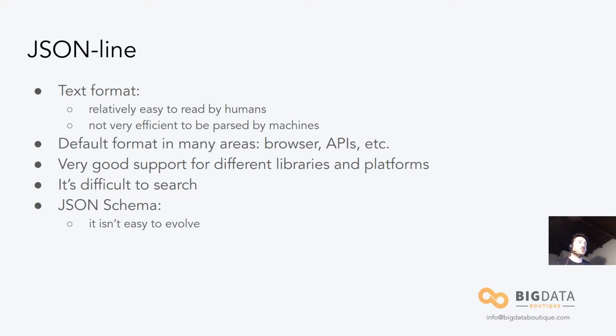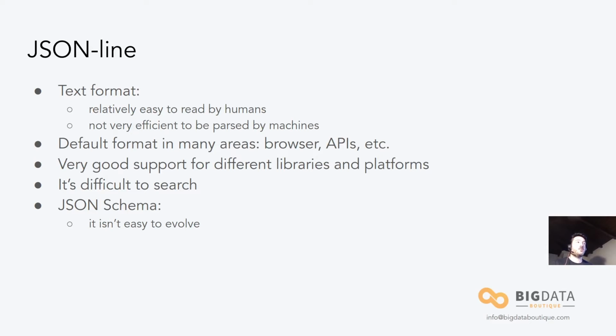It's the default format when we are speaking about JavaScript, the browser, REST APIs, and all that stuff. So not in the big data area, but in the web area, it's probably the most popular way to structure and organize data.